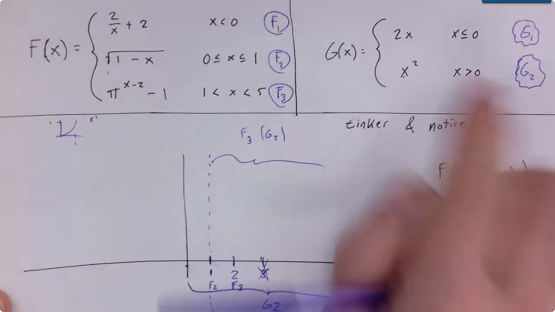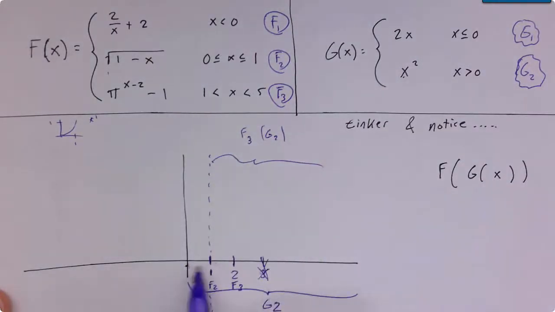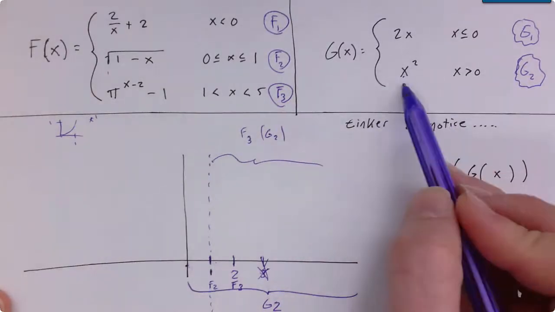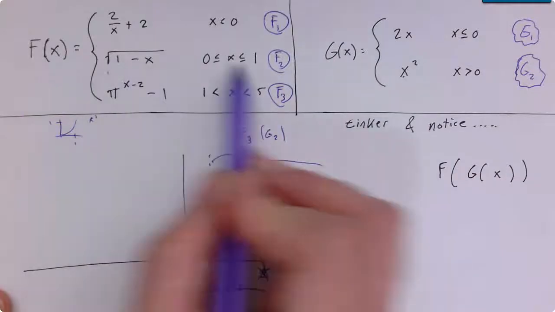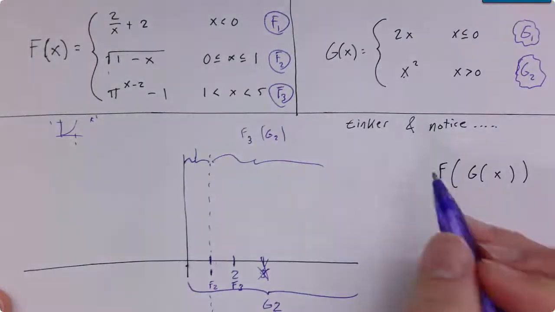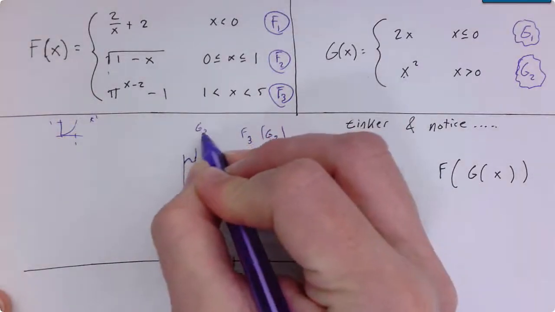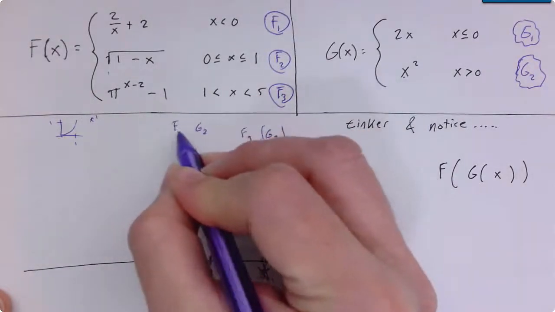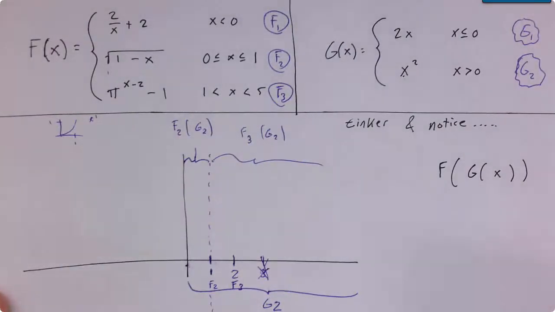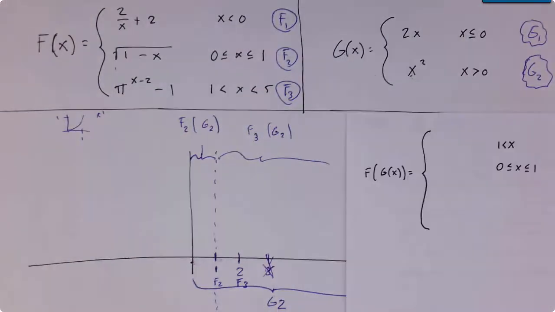So what that tells me is that when x is between 0 and 1, the output of this is also between 0 and 1, which means I've got to be using that middle part here. So in this region, it's going to be a different composition. It's going to be the second part of g, but composed with the second part of f. So I can start making my piecewise defined function already.